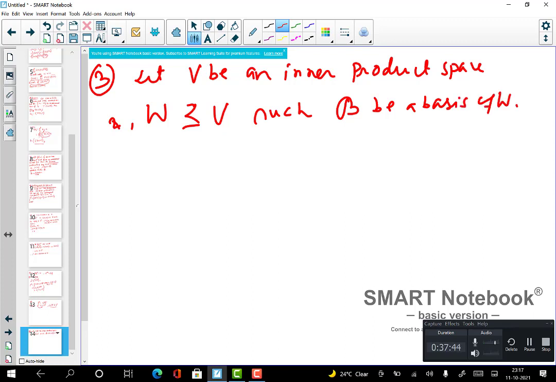Then to check something in the W orthogonal complement, it is enough to check that they are orthogonal to the basis elements, not everything.